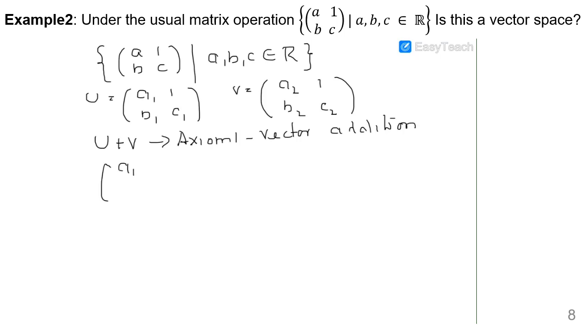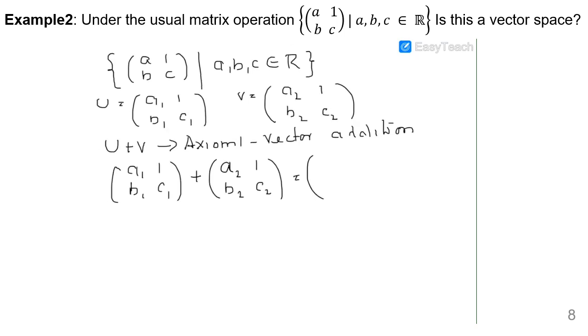[A1, 1; B1, C1] plus [A2, 1; B2, C2], that gives us [A1 plus A2, 1 plus 1; B1 plus B2, C1 plus C2].